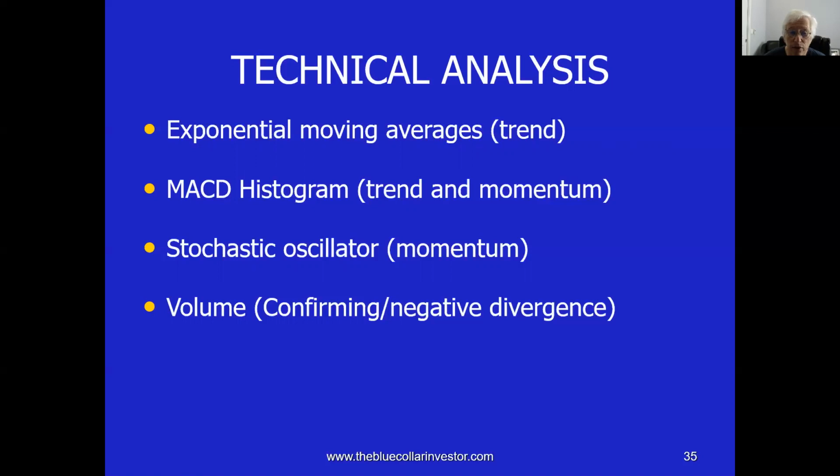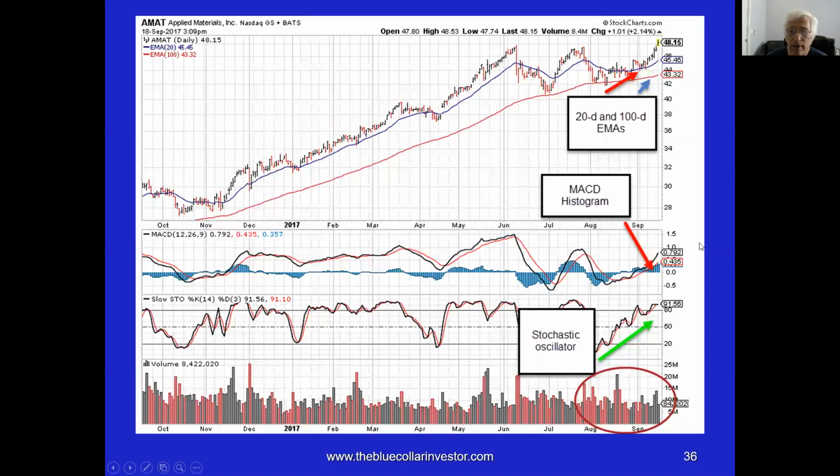The MACD histogram, I'm going to show you these in just a moment, to identify both trend and momentum. The stochastic oscillator, which is a momentum indicator, and we use volume to confirm and also to identify negative divergence. So those are the ones that I've been using very, very successfully over the last 2 decades as it relates to covered call writing.